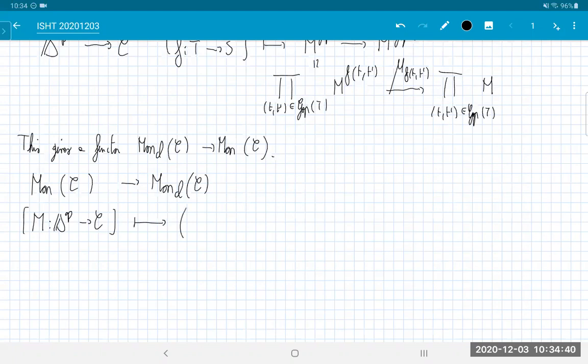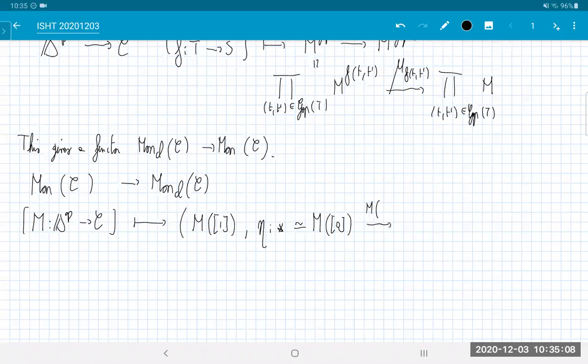Well, the underlying object has to be M of 1, if it has to be the inverse of this. And then the unit is going to be the composite of the canonical equivalence, the canonical isomorphism, sorry, we're in one category, of M of 0 with the point. It's the case T equals 0 of the condition.